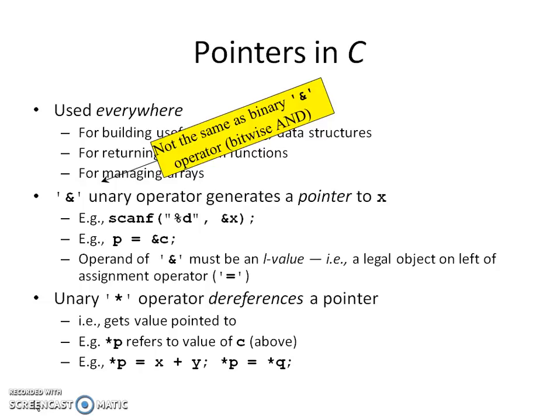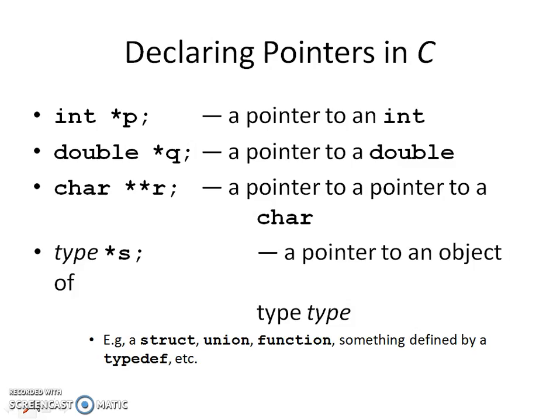One example is given with an expression: asterisk p equal to x plus y. So we are adding the two values x and y, and we are storing the result in the location represented by p. The first example is a pointer to an integer, the second is a pointer to a double, the third is a pointer to character, so we are using char here.